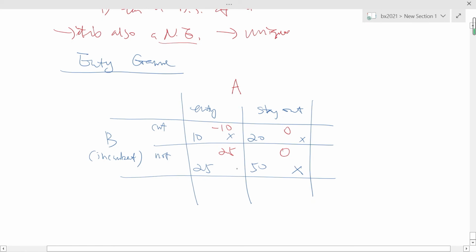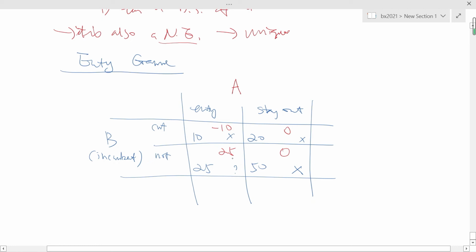Okay, let's check this cell, whether this is a Nash equilibrium. Given that A enters the market, will B deviate from not cutting price to cutting price? No, deviation will decrease profit from 25 to 10. Okay. Given B not cutting price, will A deviate from entering the market to staying out?